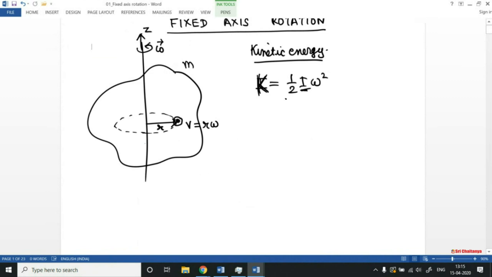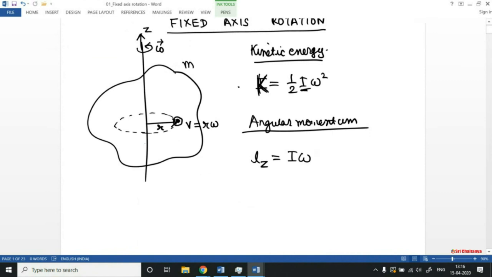So this is kinetic energy, and similarly, angular momentum about the z axis we will be able to write, that would be equal to I times omega.